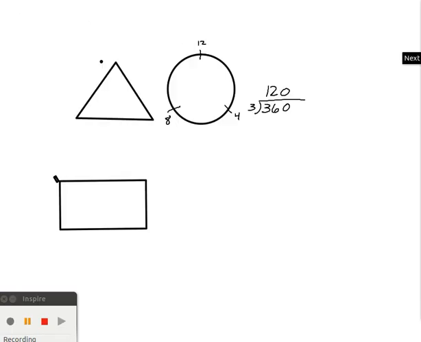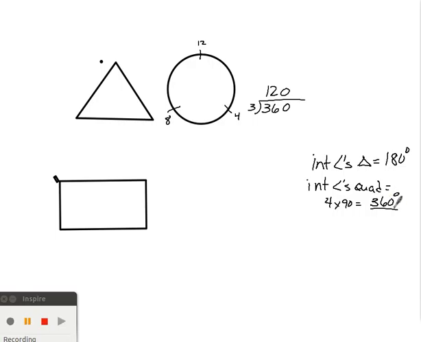Okay, one little side note that we just need to go over is the interior angles of a triangle. You know that that equals 180 degrees. But what about the interior angles of a quadrilateral? Well, if you think about a square, you know that a square or a rectangle has 4 right angles, so that's 4 times 90, which equals 360 degrees.